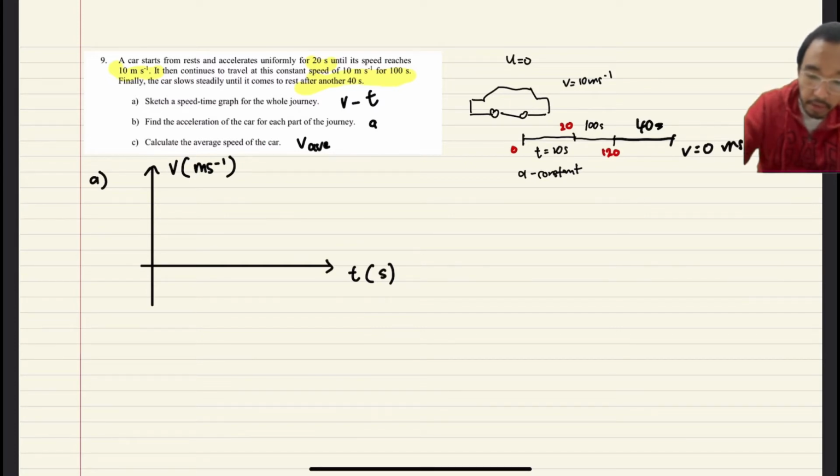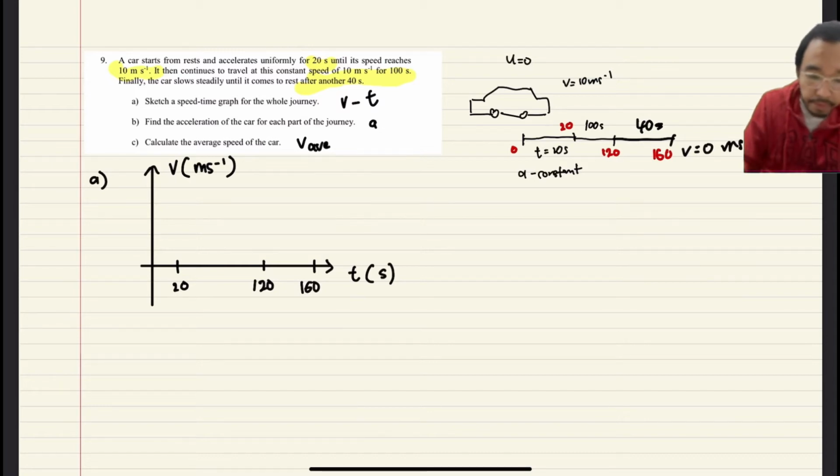And for the last part you add another 40, so that you get 160. So these are the numbers that you need to write on your axis here. Roughly, if you can follow the scale, it would be okay. If not, then it should still be okay. And the last part is 160 seconds.